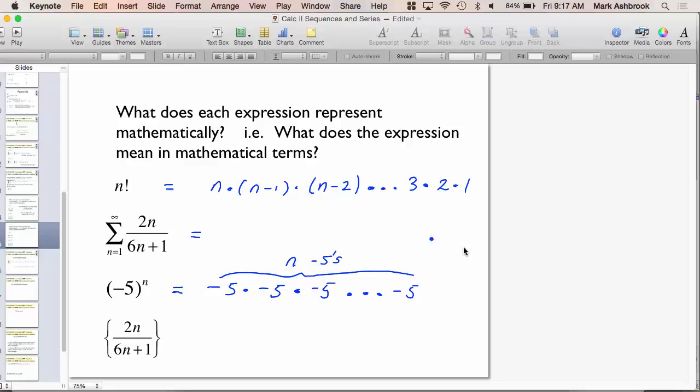Okay, let's do this sequence down here next. What is a sequence? A sequence is a list, an ordered list. So the first term is going to be what in the list? 2/7, right? When n equals 1. When n equals 2, what do we get? 4 over 13.